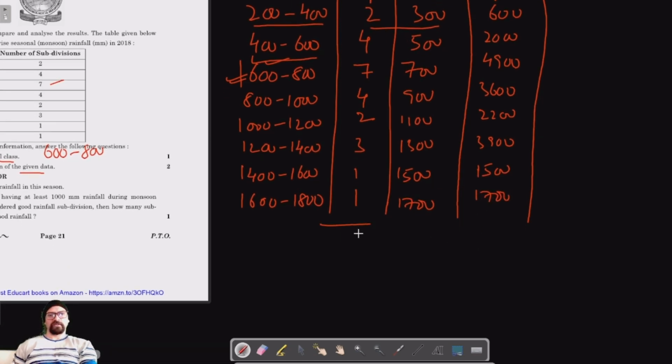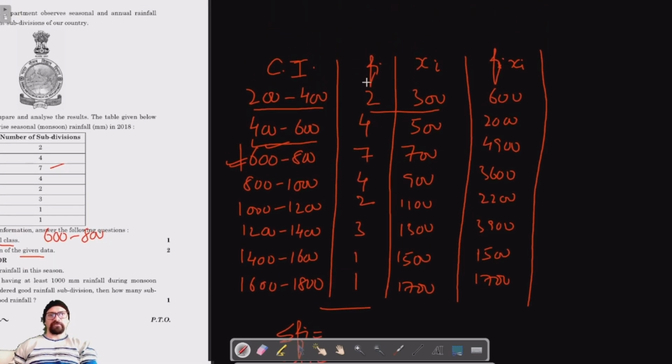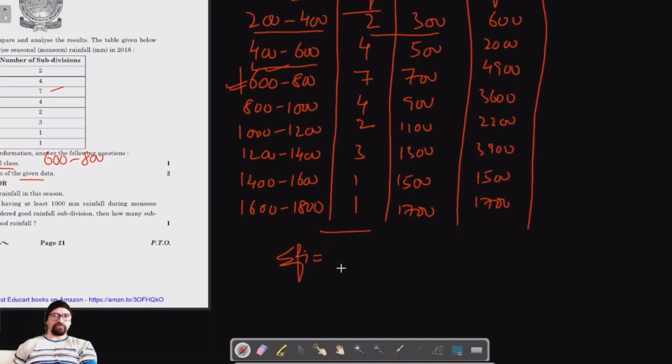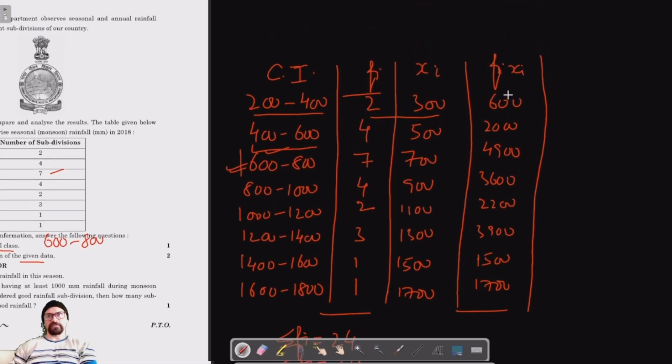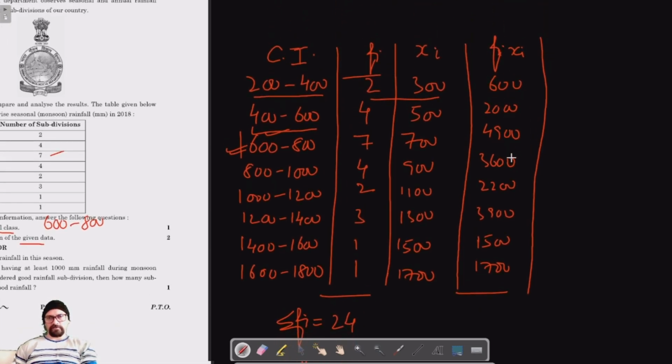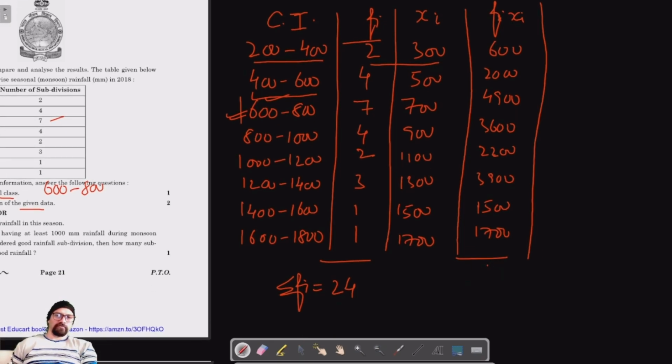Let's sum all of these. The sum of frequency is 24, and let's try to add these. So this is 6 plus 9 is 15, 6 is 21, and 2 is 23, and 9 is 32, and 5 is 37, and 7 is 44. So this is 4, 4 plus 2 is 6, 6 plus 4 is 10, 13, 15, 18, 19, and 20.